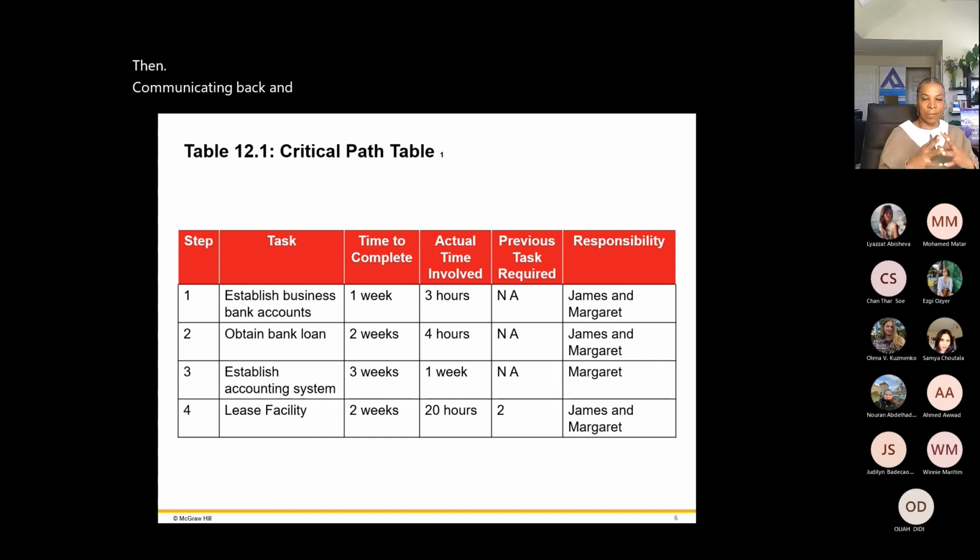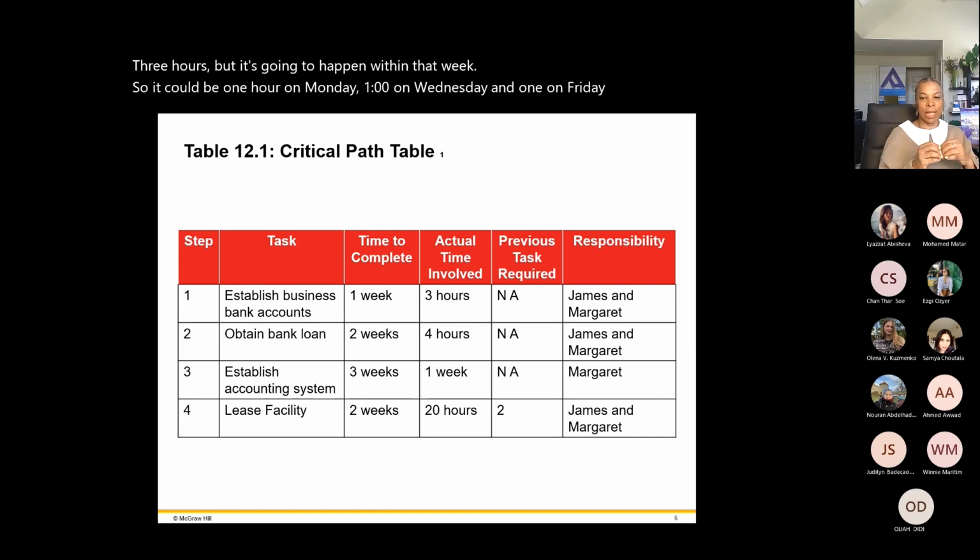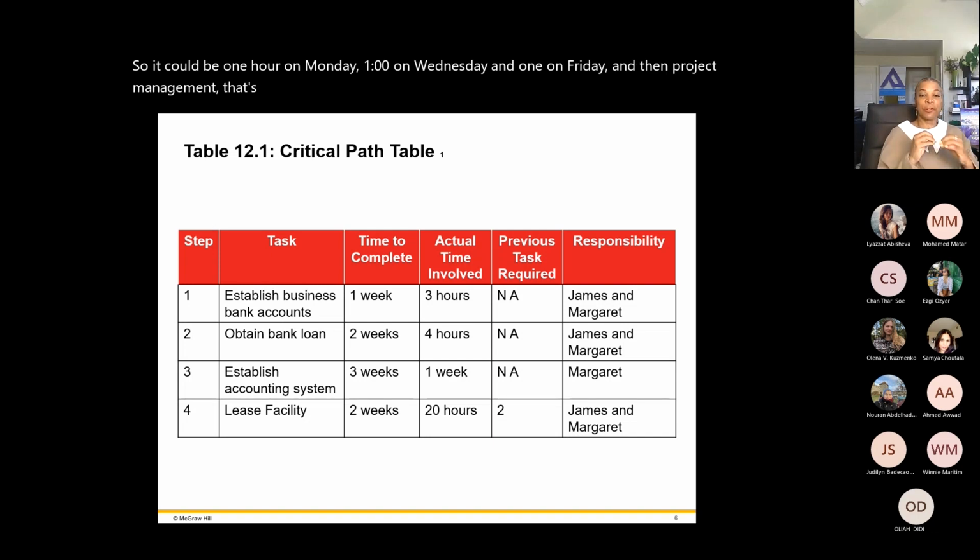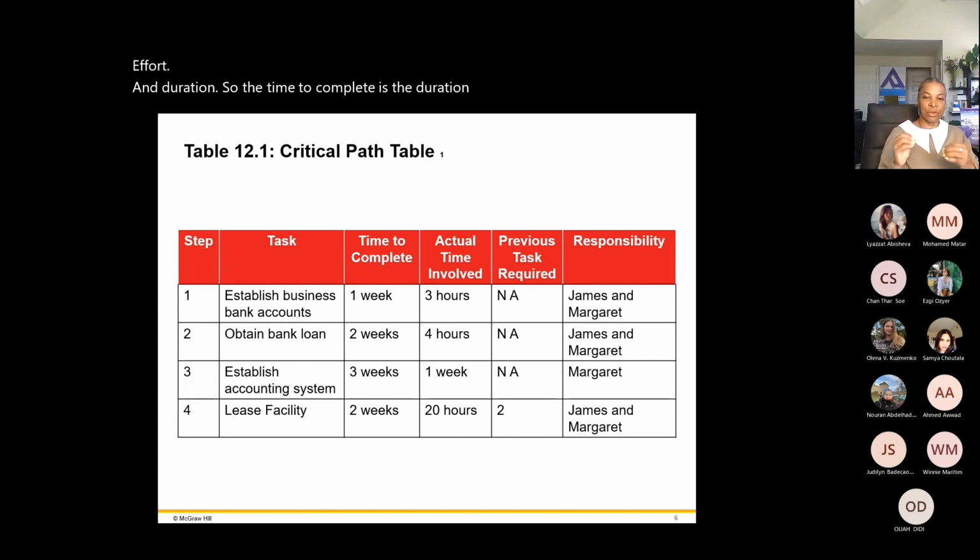So the actual time is 3 hours, but it's going to happen within that week. So it could be 1 hour on Monday, 1 on Wednesday, and 1 on Friday. And in project management, that's the difference between effort and duration. So the time to complete is the duration, and the actual time is the effort. Hope that's clear.